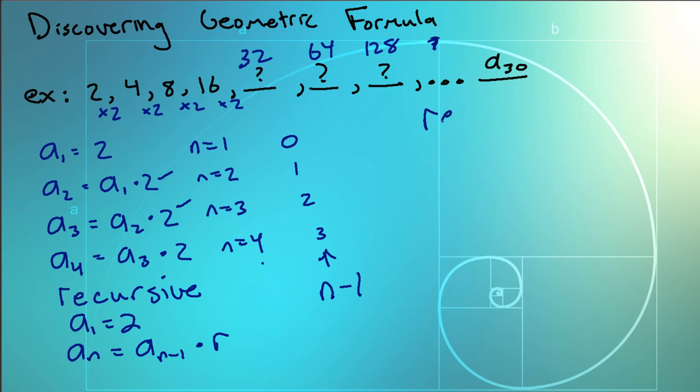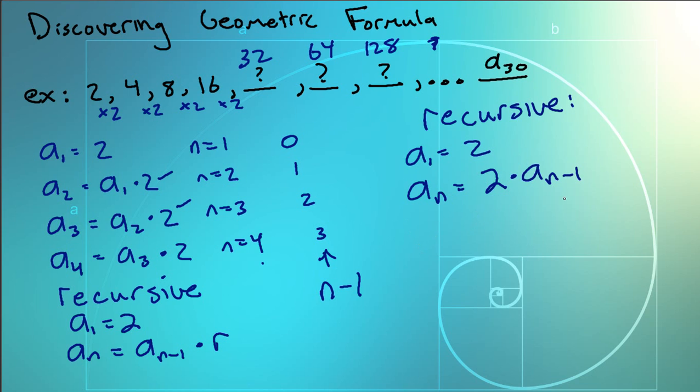So I could write a recursive formula: a1 equals 2, and a sub n equals, I'm going to put the number in front, my ratio 2 times a sub n minus 1. The order that you put these in really doesn't matter. Now this means the term wanted, and this would be the previous term. So just out of curiosity, what would be a sub n minus 2? Well, that would be the previous two terms, right?